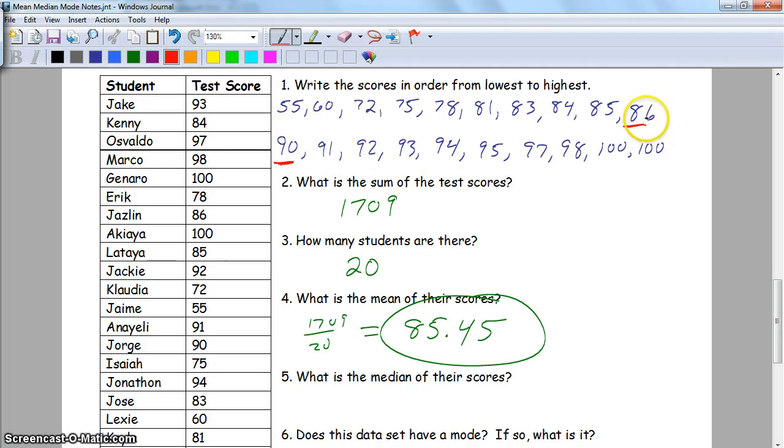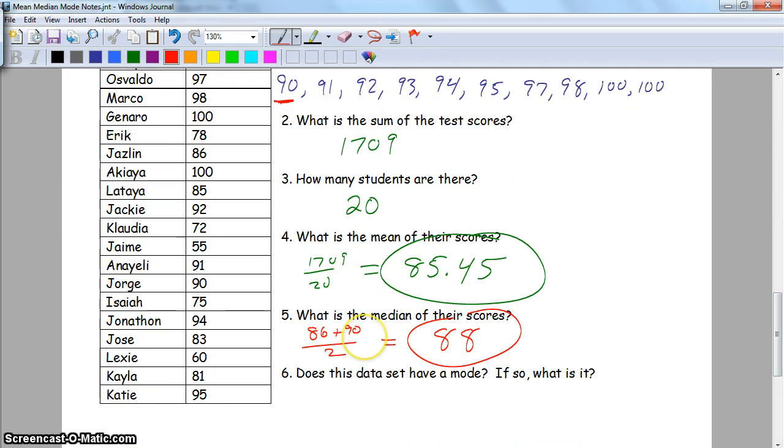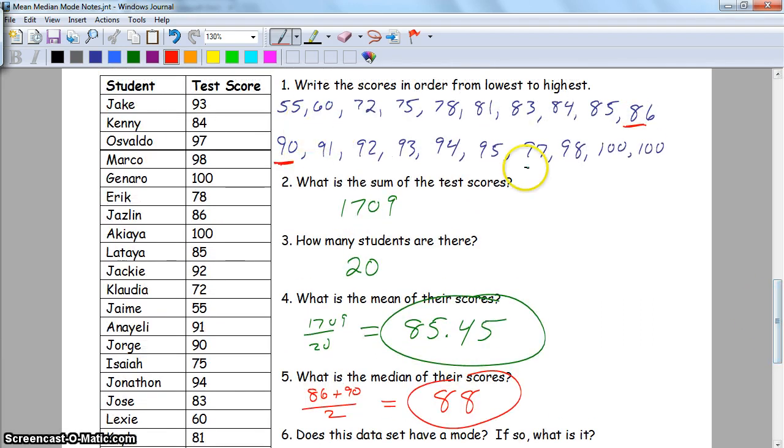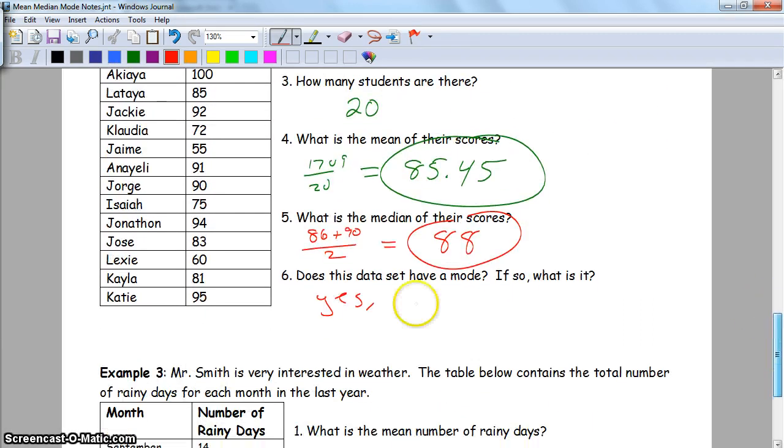So the average of 86 plus 90 divided by 2 is 88. The median is 88. And was there a mode? Well, yes, there was. If you look at the frequency, everything happens once except for 100. So the mode is 100.